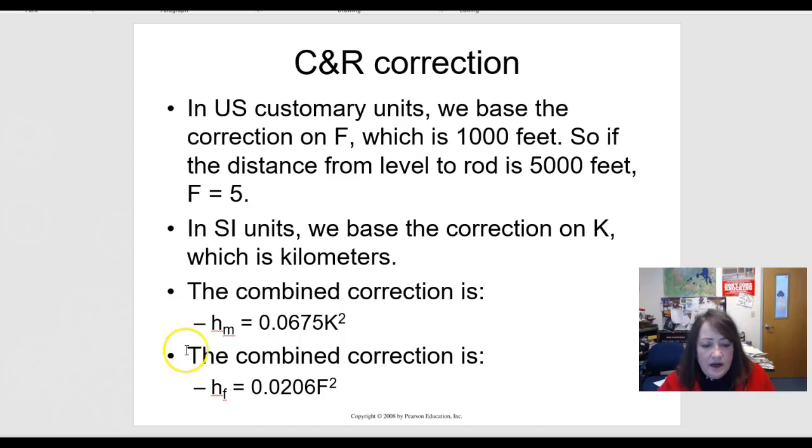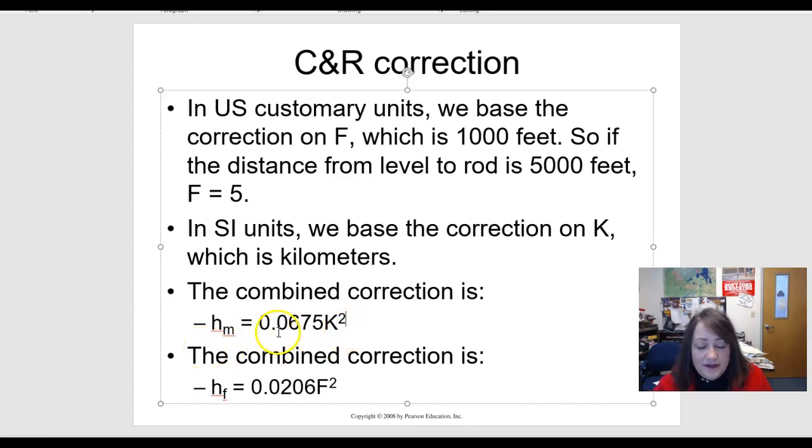In SI units, we base it on capital K, which is kilometers. Here I have the correction for the metric system. You take the number of kilometers between the level and the rod; if it's in meters, you divide by 1,000. You square the number of kilometers, then multiply by 0.0675, and that will give you the correction.